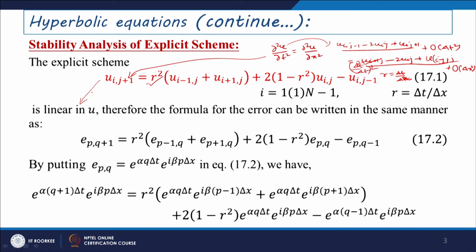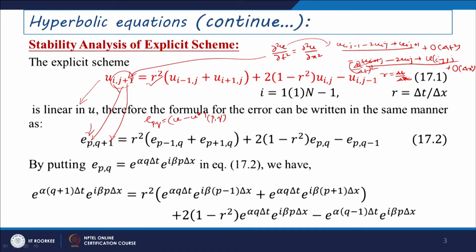If we take the approximated solution minus the true solution, it is written as e of p q plus 1 based on the i j plus 1 points. We replace i by p here and j plus 1 by q plus 1, where e of p q is written as u minus u star at the p q point.